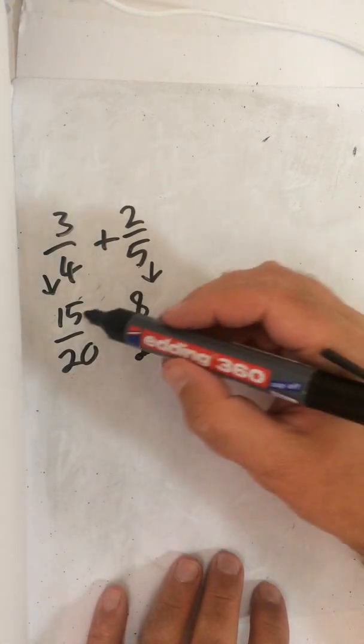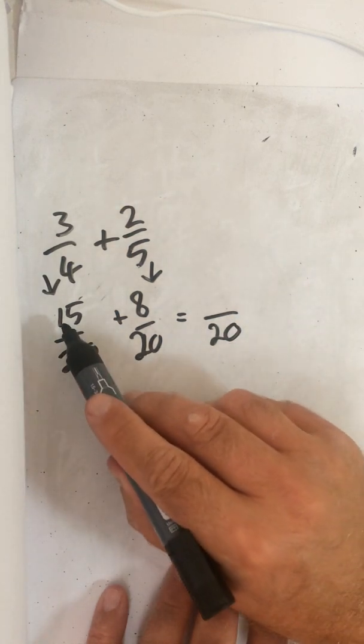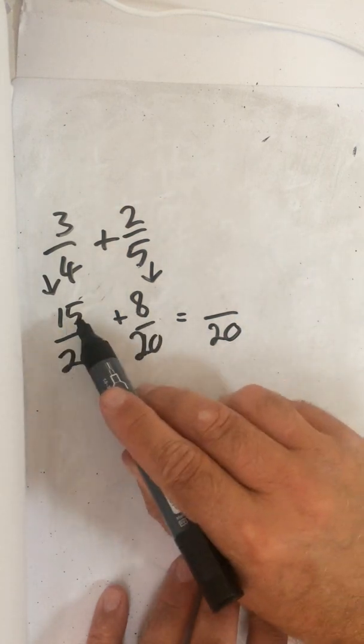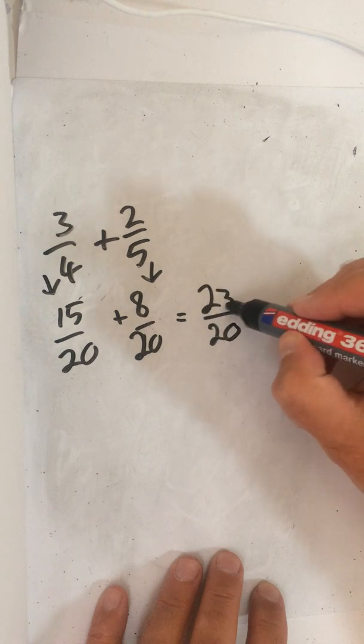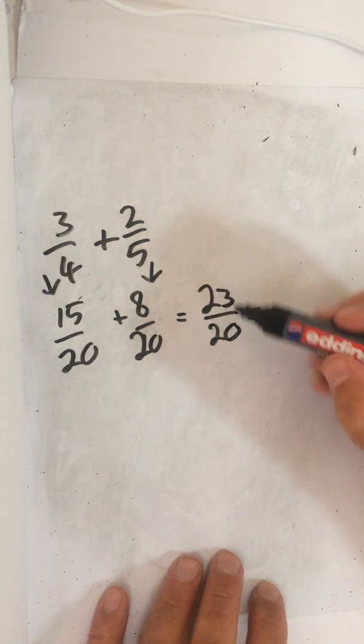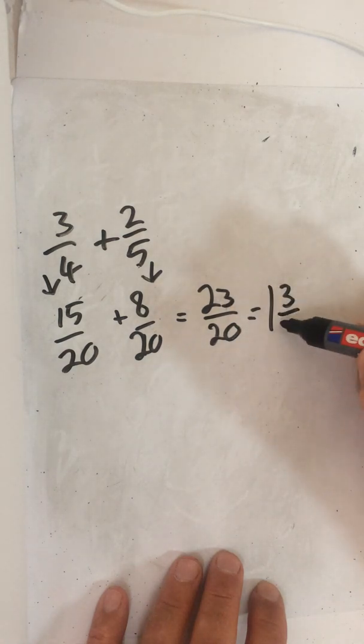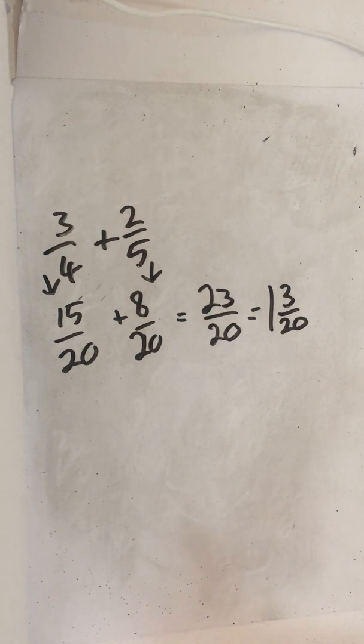Now it's easy to calculate, because my denominator stays the same, and I just add along my numerators. The top is 23. Let's just check. I've got an improper fraction here. I want to turn it into a mixed number. How many 20s in 23? 1, remainder 3. So that would be my full and clear answer.